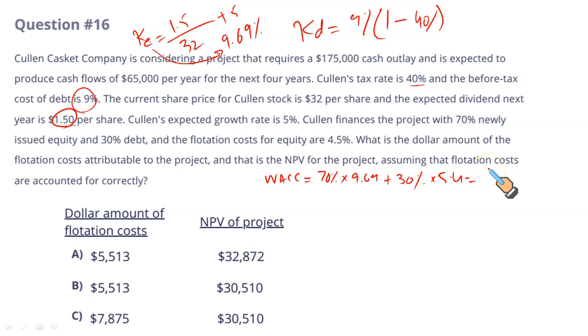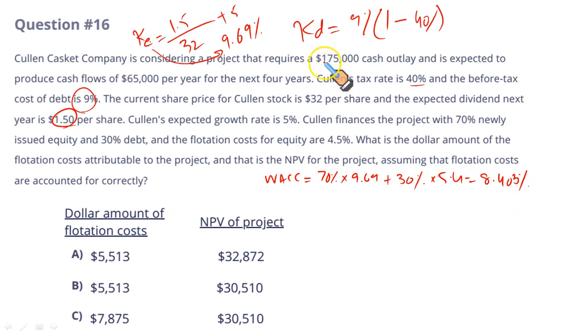So 9.69 times 70% plus 5.4 times 30% gives you 8.403%. This is your weighted average cost of capital, which you will use to calculate the NPV of the project.